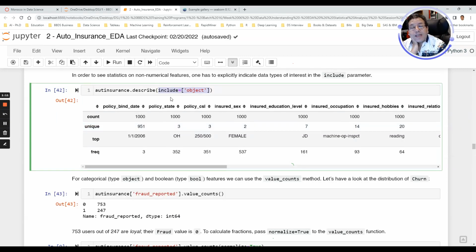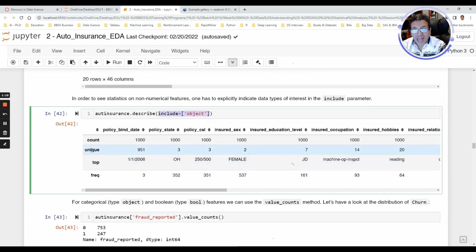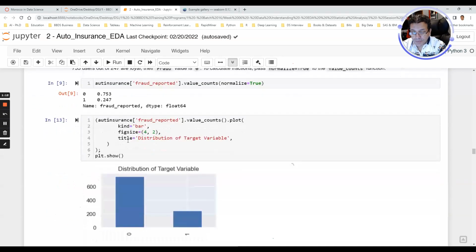For categorical data we are not going to have the 5-number summary. 5-number summaries only apply to numerical or quantitative data. For qualitative or categorical data, we have different measurements: unique, the top, and the frequency.